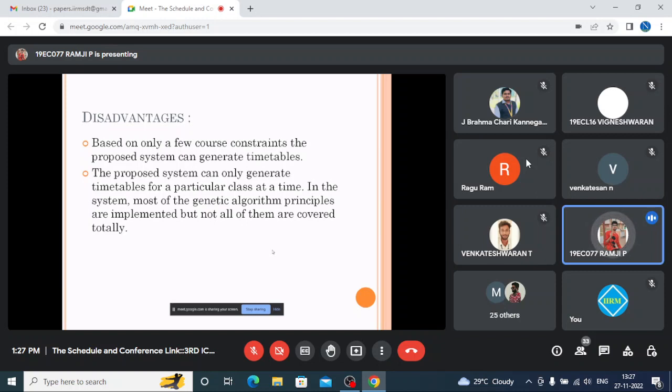And the disadvantages: this is not really a disadvantage, we are trying to overcome these. As for now, we concentrate on only one timetable being generated at a time. In future, we can generate multiple timetables for multiple departments using the algorithms.